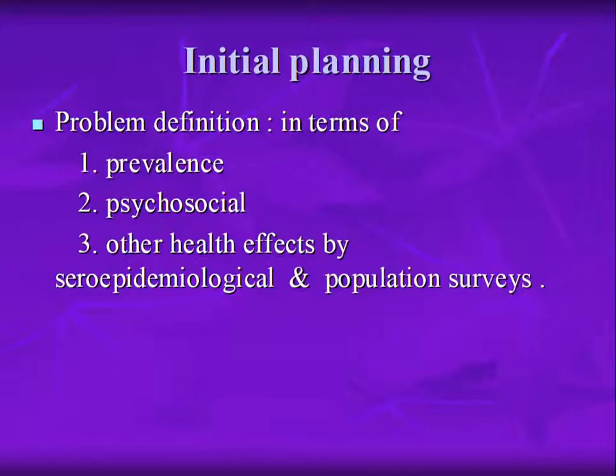Then the syndromic management of vaginal discharge. If the woman complains of vaginal discharge, you have to examine it. Is there any vaginitis or cervicitis? First ask the history of the menstrual cycle to rule out pregnancy. Of course, in pregnancy there is some discharge, but if there is a profuse discharge, first rule out whether she is pregnant or not.